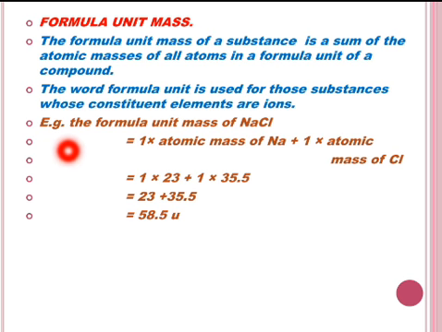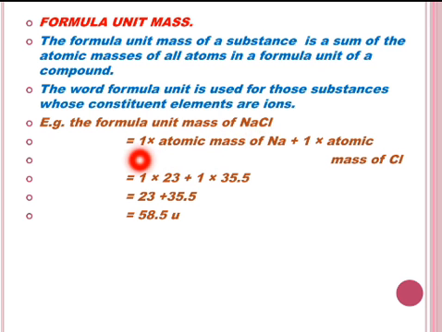Let's see one example to calculate the formula unit mass of NaCl, that is sodium chloride. What we have to see to calculate the formula unit mass of NaCl? We just see the number of sodium atoms and chlorine atoms present in this compound. You can see that in NaCl there is one sodium atom and one chlorine atom.